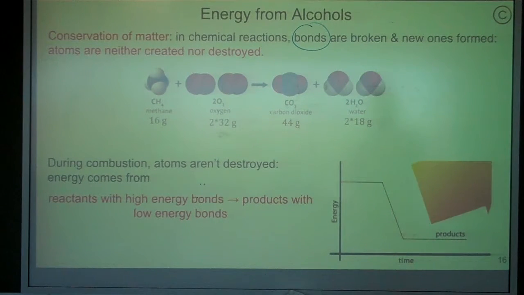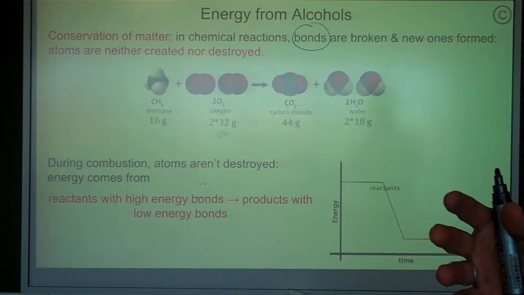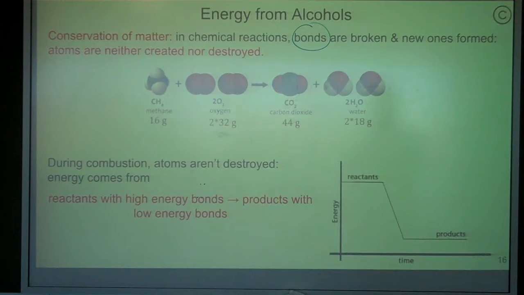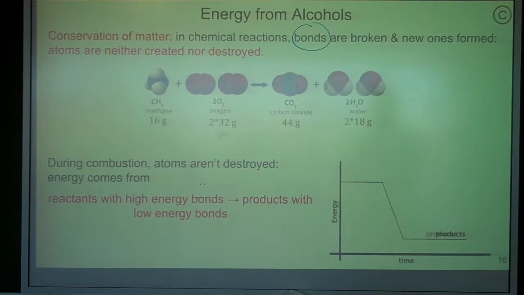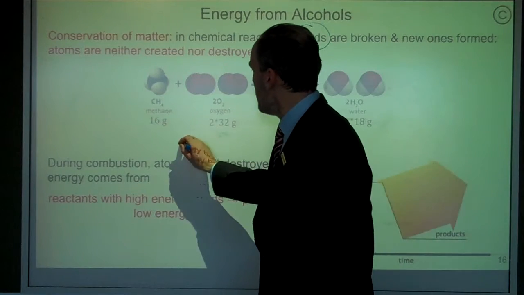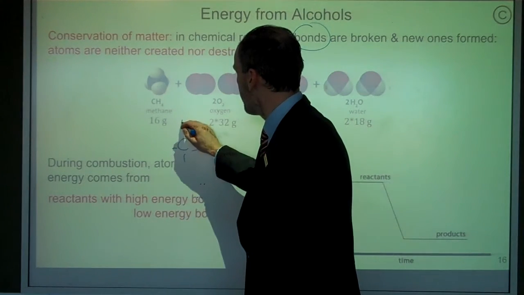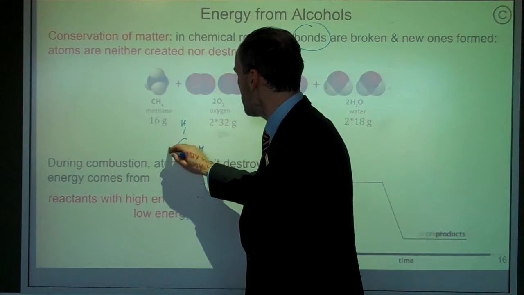I start with one carbon and I finish with one carbon. There's 4 hydrogen, there's 4 hydrogen. There's 4 oxygen, there's 4 oxygen. So where is that heat that I feel when I've got a campfire going coming from? It's because of this CH4, bonds breaking. You're changing bonds.